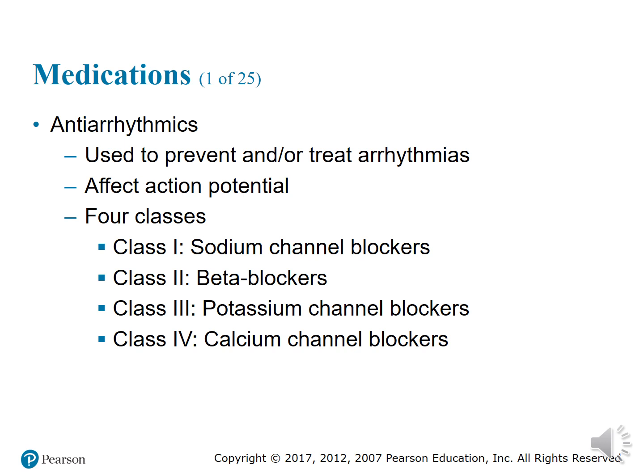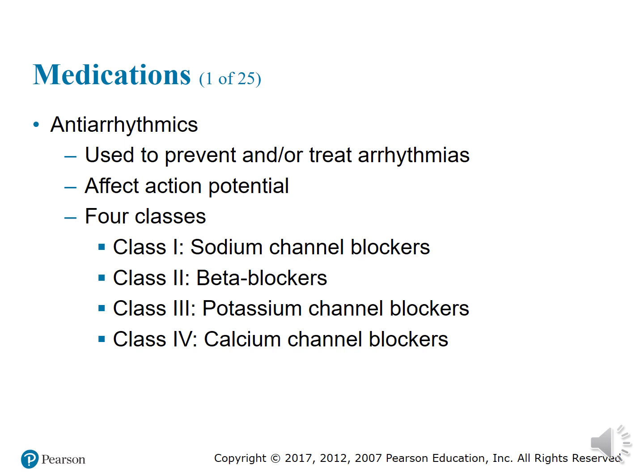Antiarrhythmics are a type of medication. These medications are used to treat and or prevent any type of arrhythmias. They all can affect the action potential of a heart condition. There are four classes of antiarrhythmics.